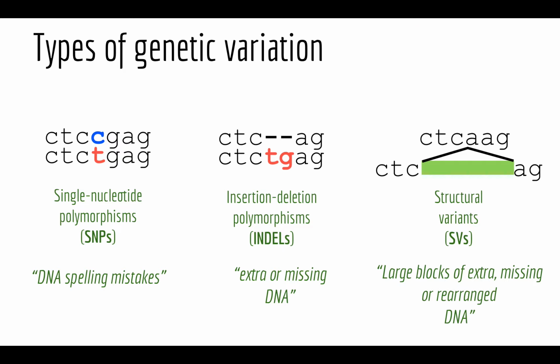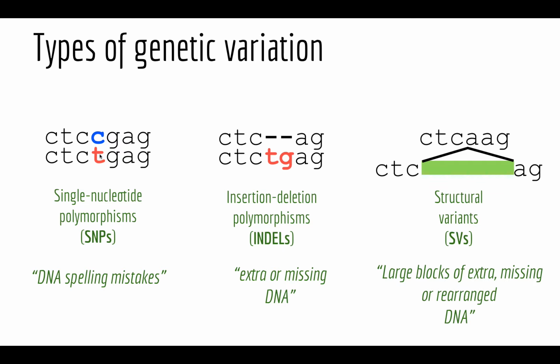Okay, so there's three primary types of genetic variation. I'm going to ignore a couple minor types, but typically we're talking about these things called single nucleotide polymorphisms. So poly, many, morph, states. They have multiple states. So in the human population, sometimes we see chromosomes where it's a C here.